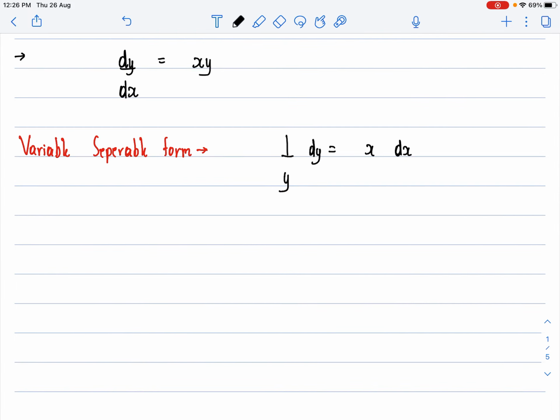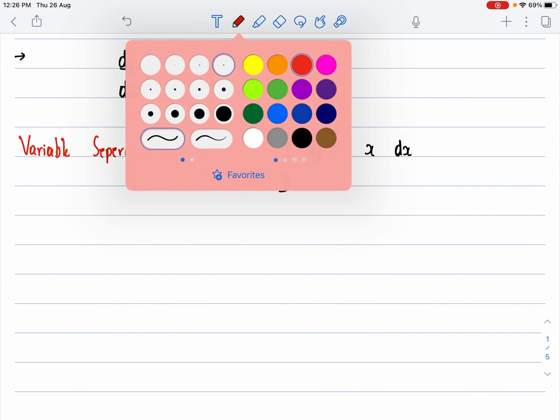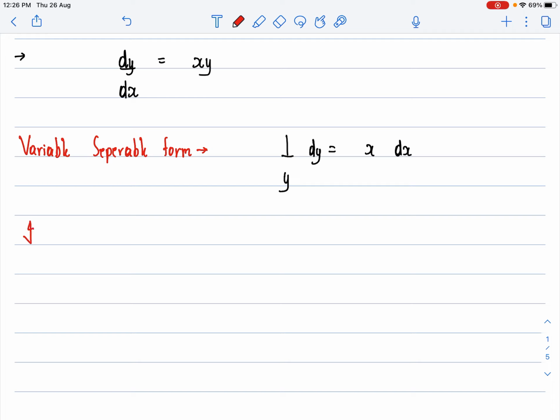Now, in the next step, you simply integrate both sides. So you can write this as the integration of 1 over y dy, which is equal to the integration of x dx.